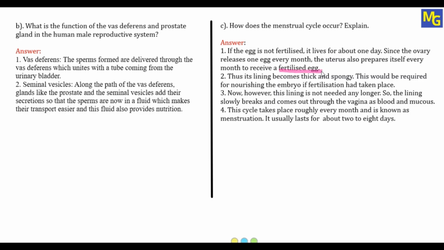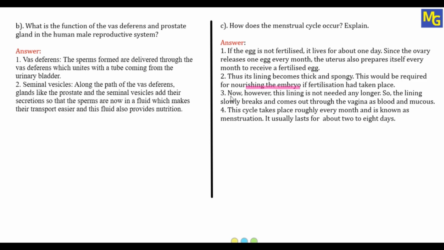Prepare itself means what? The lining of the uterus becomes thick and spongy. This would be required for nourishing the embryo if fertilization had taken place. So the uterus wall becomes thick and spongy with the help of blood vessels, so that it can nourish the embryo if fertilization takes place.